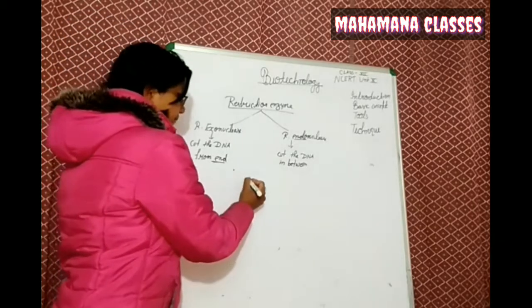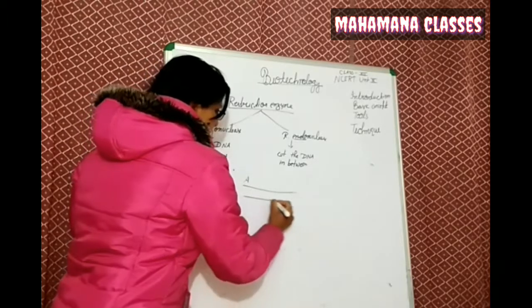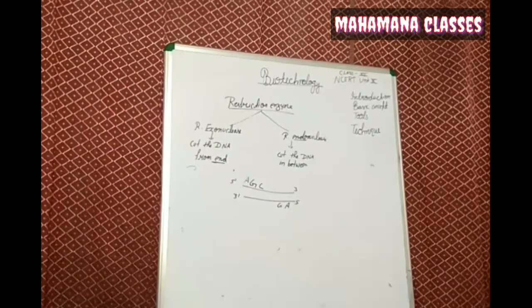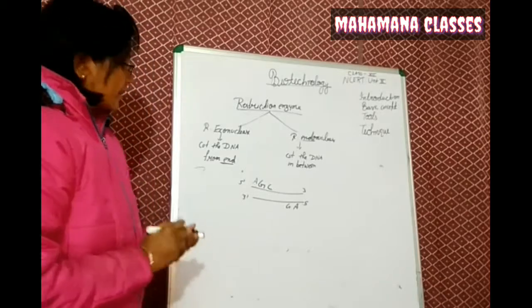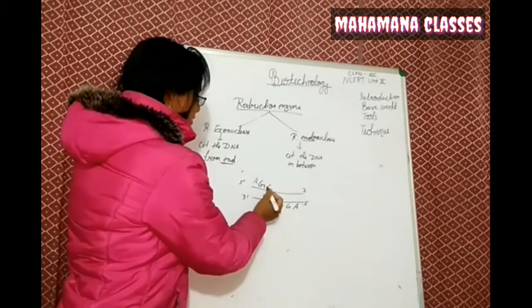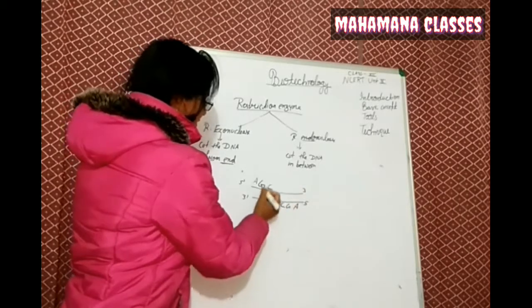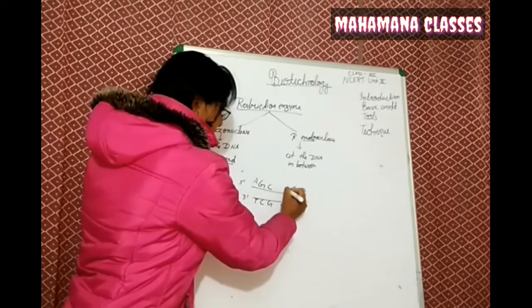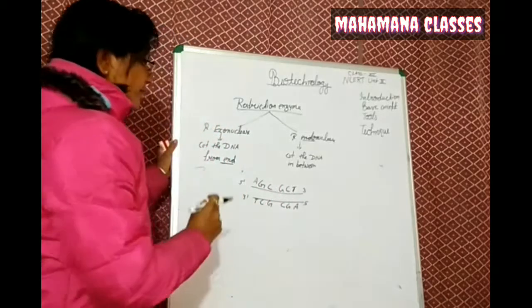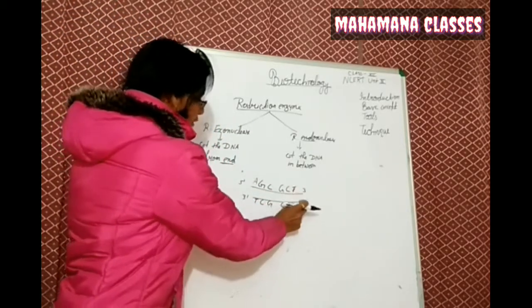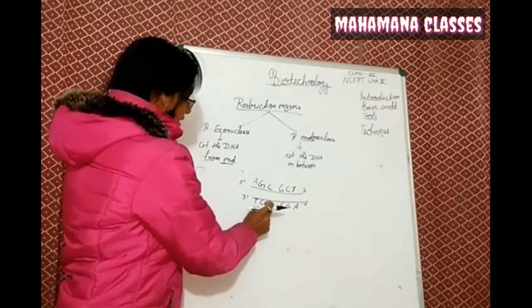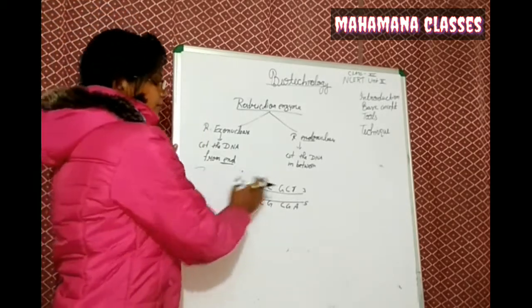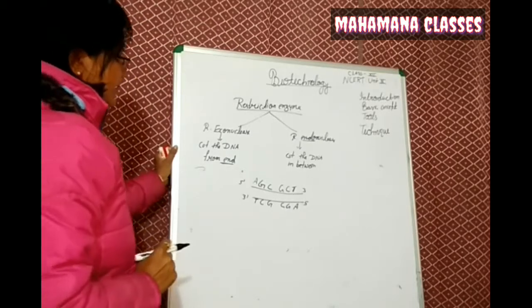Take a piece of DNA, 5 to 3 and 3 to 5, A, G, C, and then the complement T, C, G. It is palindromic from 5 to 3: A, G, C, G, C, T. From the other side also, A, G, C, G, C, T. So from both sides we get the same sequence.